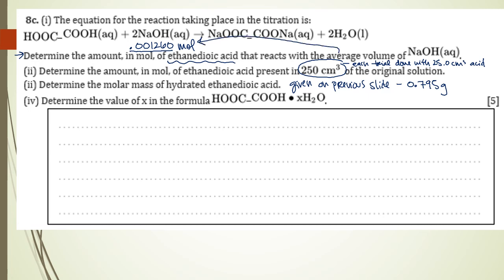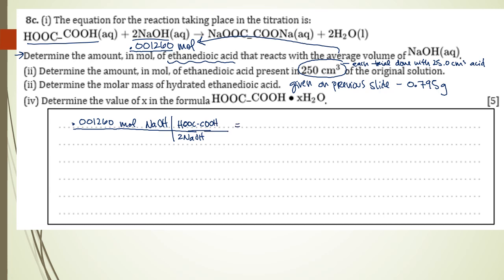That was our number of moles in those average volumes of sodium hydroxide. So super easy, we're just going to take those moles of sodium hydroxide and use the mole ratio from our balanced equation, 2 NaOHs to every 1 ethane dioic acid.